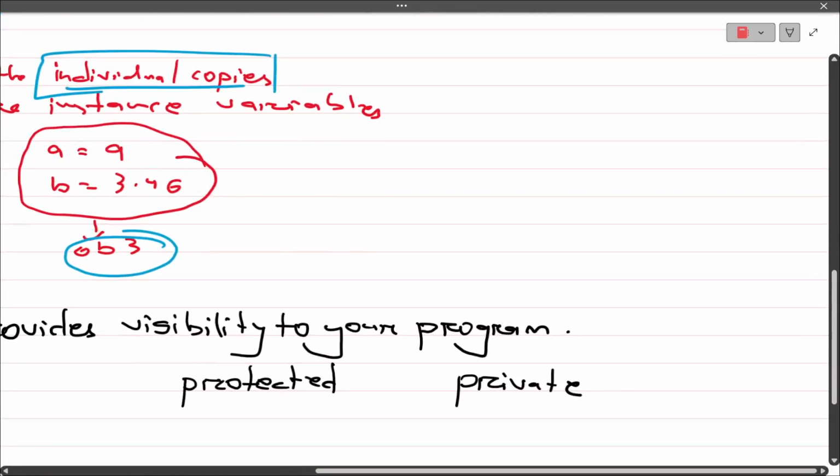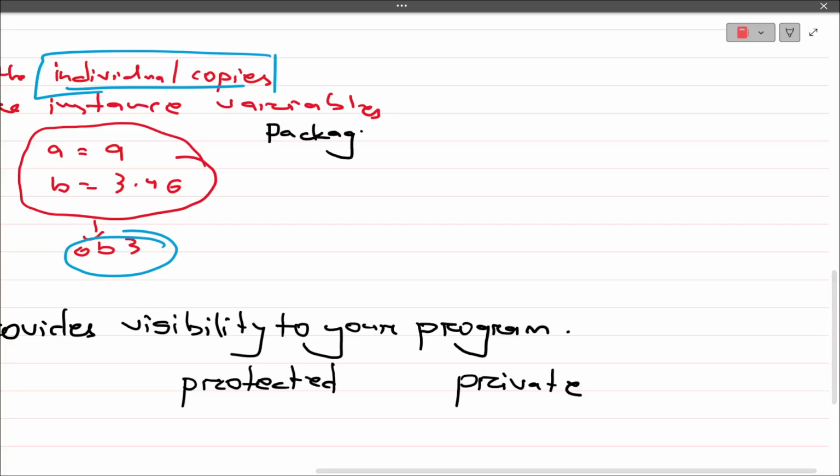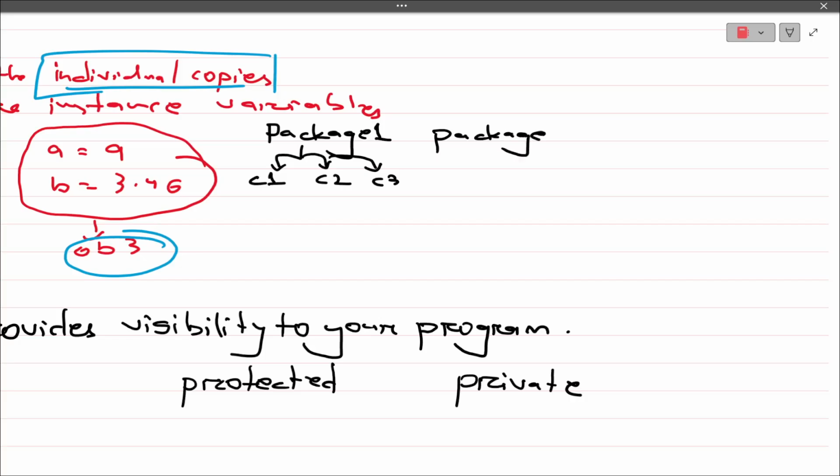Suppose I consider package 1 as one package. This package will contain different classes, let me consider C1, C2. These are names of our classes. There will also be a different package. In Java there is a possibility of having varieties, so here also suppose I have C4, C6.